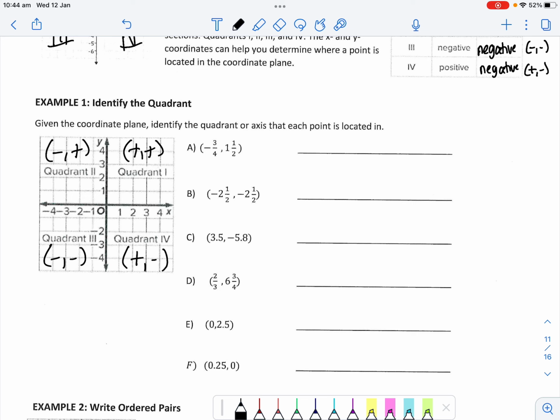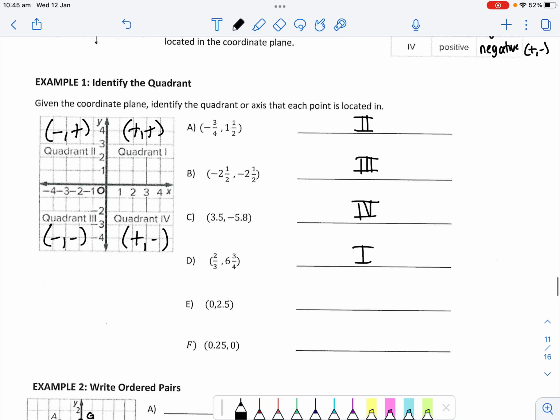So for point A, negative 3/4, comma 1 1/2, it's a negative and then a positive. This is going to be quadrant 2. B is negative, negative, so quadrant 3. C is positive, negative, that's going to be quadrant 4. And then D is positive, positive, so that's quadrant 1.